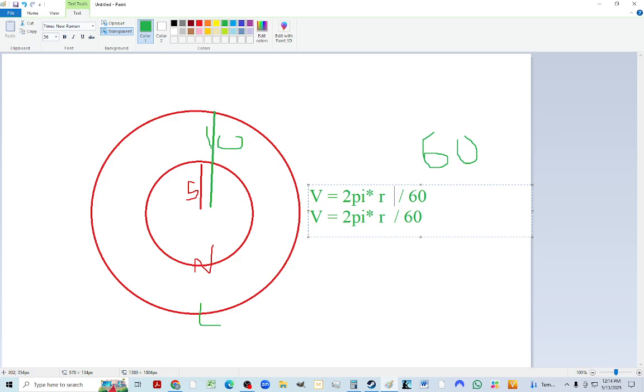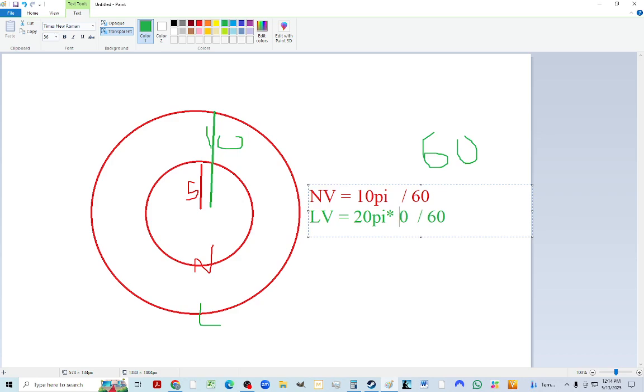So this is Natalie's velocity in red and Lazaro's velocity in green. Well, it's clear the only difference is the radius. Natalie's is 5 and Lazaro's is 10. Let's look at these two numbers. Well, 5 times 2 here is 10 pi. And Lazaro, 2 times 10 is 20 pi.